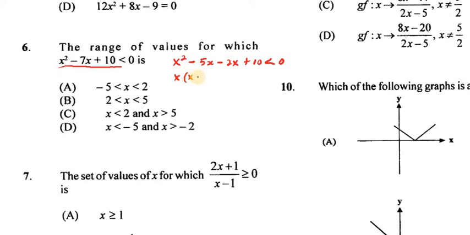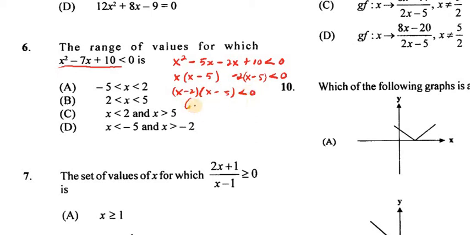So x into x minus 5, x minus 5 is written again, minus 2, less than 0. That means that x minus 2 by x minus 5 is less than 0.